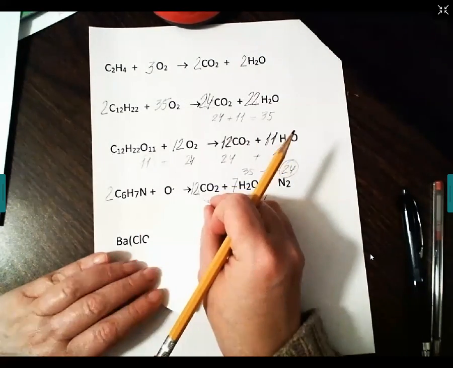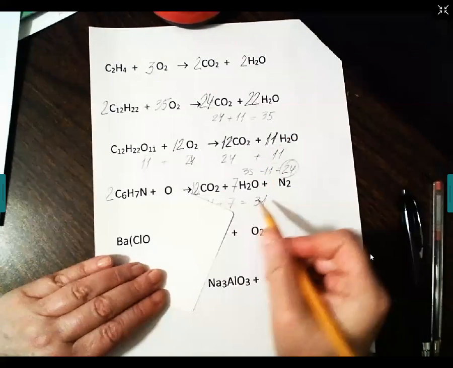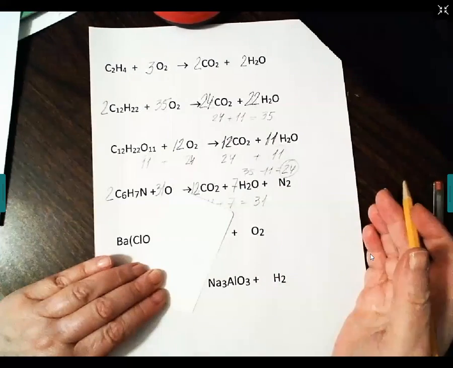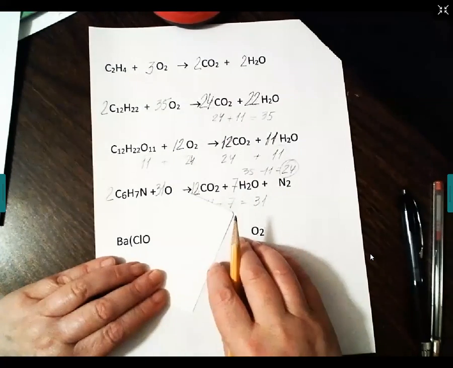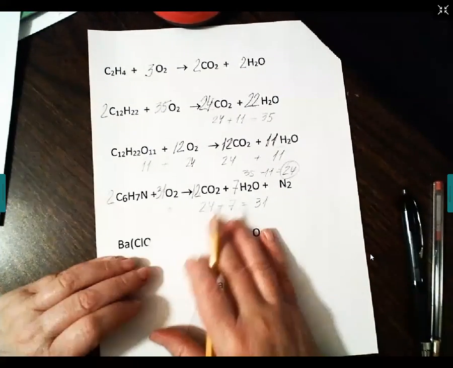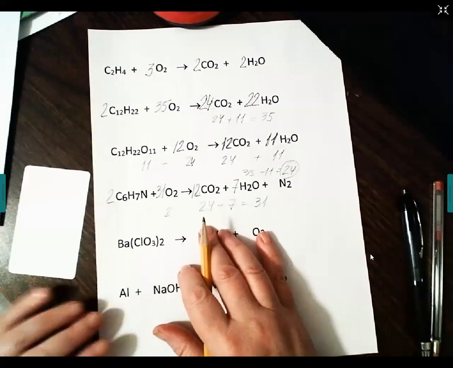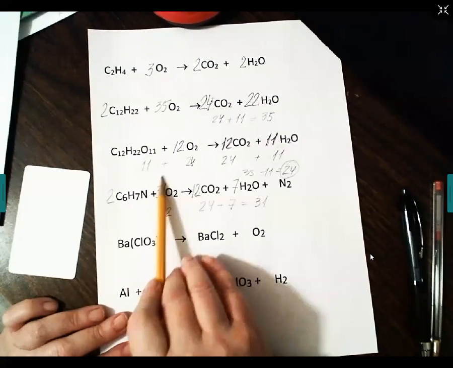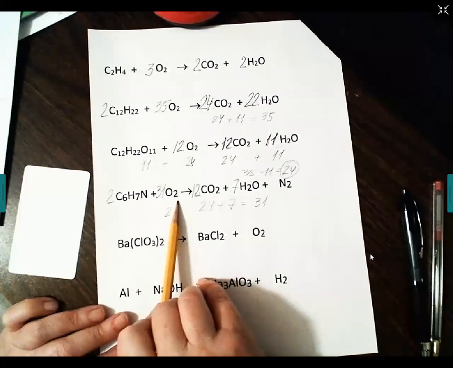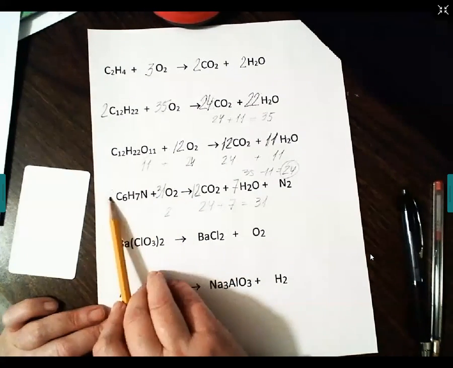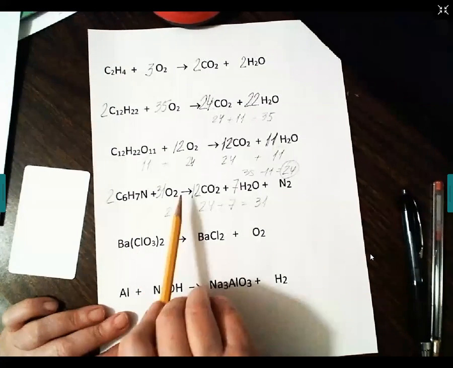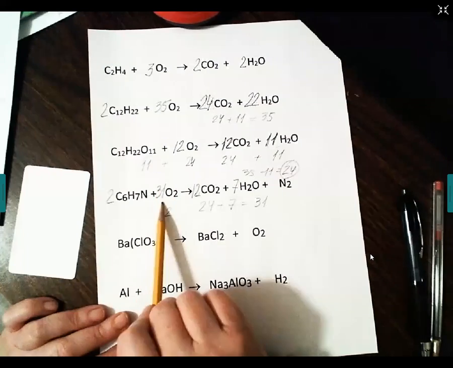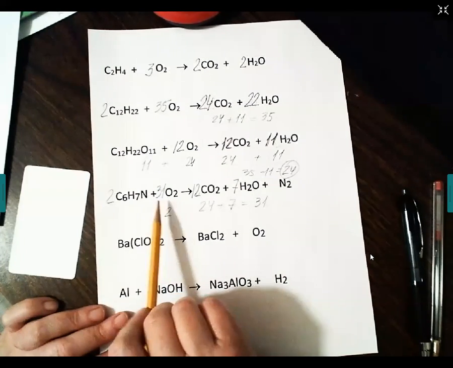So I'm hiding this 2. We can put coefficient 31 here, but we cannot completely forget about this 2. So when I put this 2 back, it means I multiplied the number of oxygen atoms by 2. So I have to multiply all other coefficients by 2 except this one, because this I already multiplied.